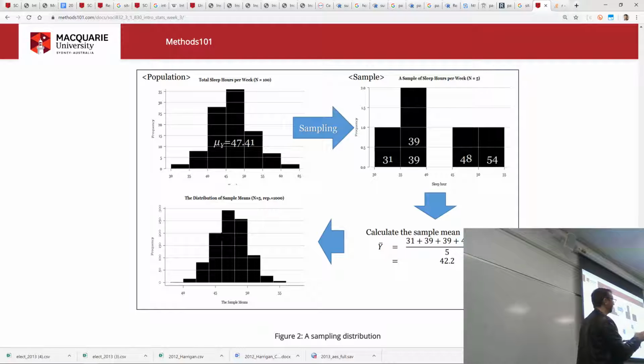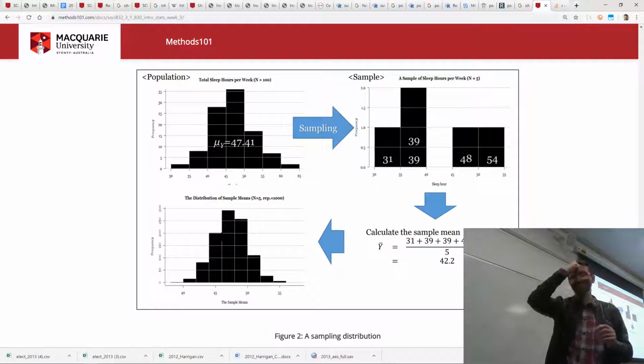Because you've got such a big sample, the population looks like this, but the estimate looks very narrow. And so you know that the average Australian age is between 44 and 46 or something. Does that make sense? We all good? No? It's all right. Read more.